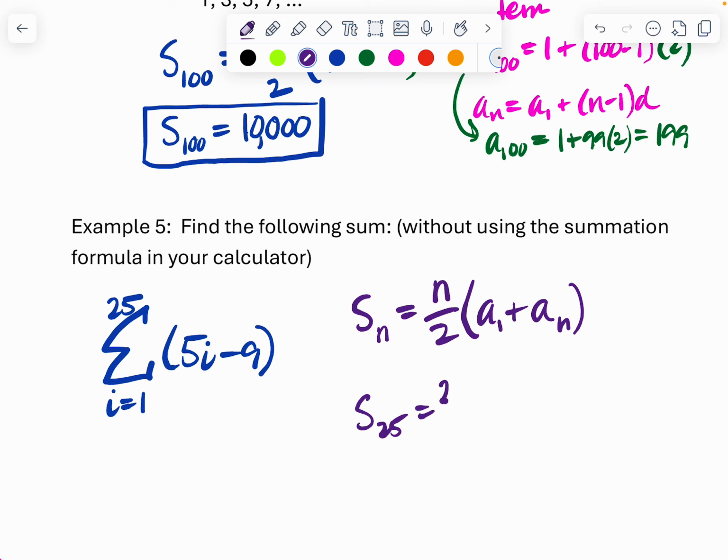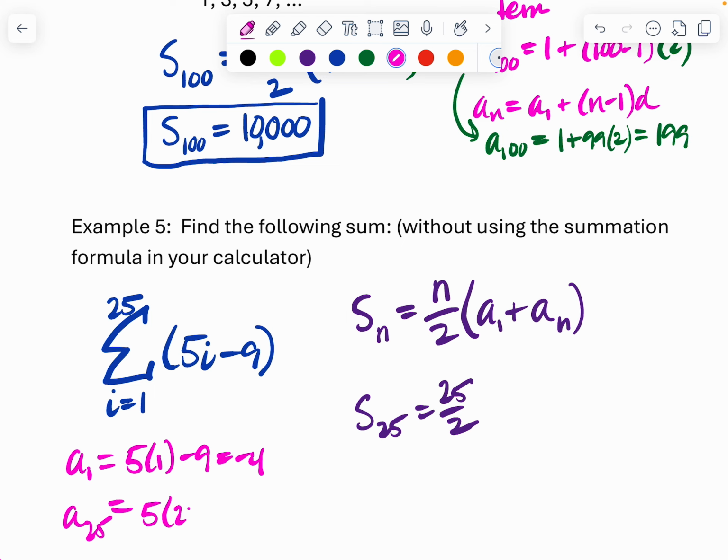So we're going to do 25 over 2. And then we've got to figure out what a sub 1 is and what a sub 25 is. Well, we've got a formula for it, right? According to this, a sub 1 is 5 times 1 minus 9, so it's negative 4. And a sub 25 is 5 times 25 minus 9, which is 116.